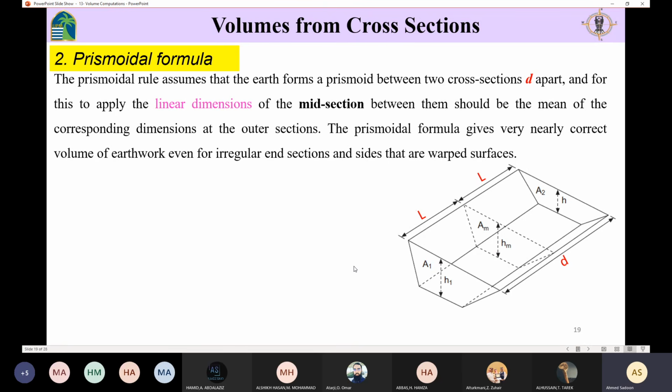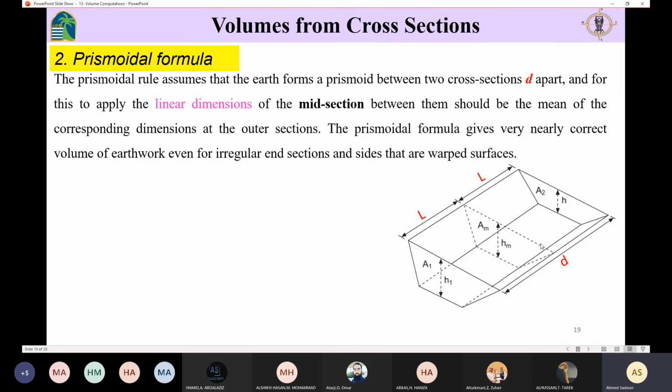In this method, not like the end areas method, where in order to determine the volume, we determine the average area between A1 and A2 and then multiply by D, we are going to form a mid-section and then determine the area for that mid-section.